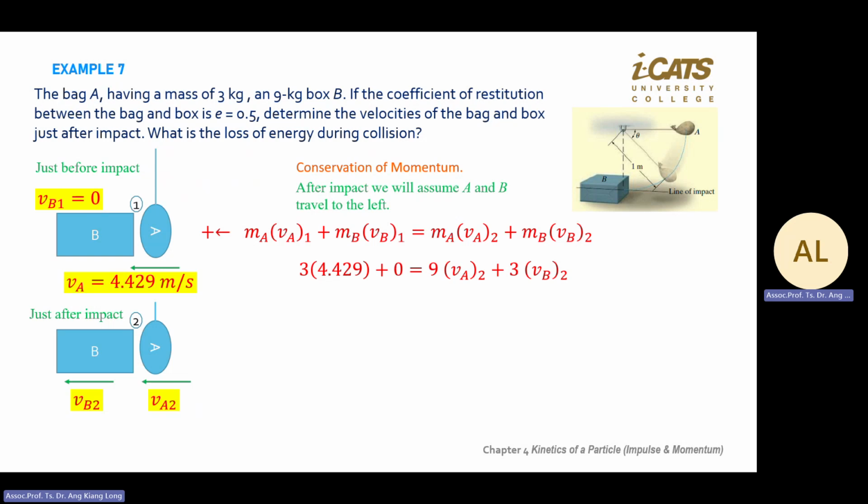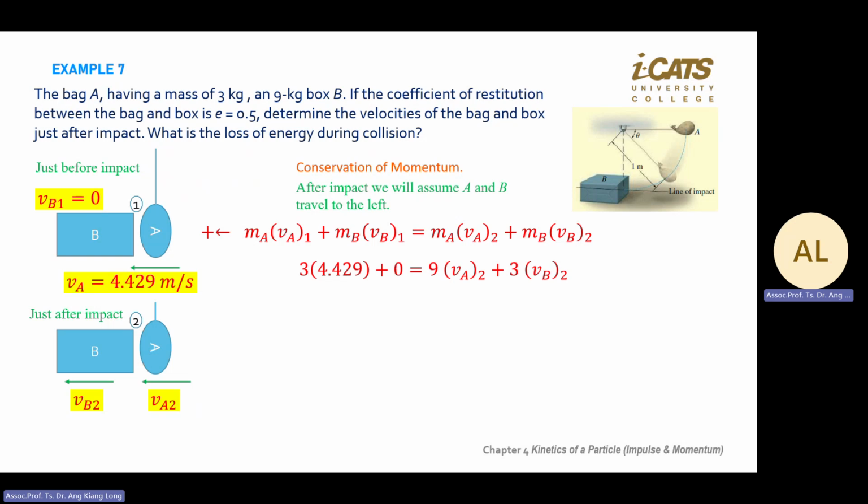After, you look at the diagram, you don't know the VA2, you don't know VB2. However, you have two unknowns. However, you are given the E. There's a reason why I give you the E. It is to solve for this VA, VB by solving simultaneous equations. Okay, so start from here. You already know what to do.